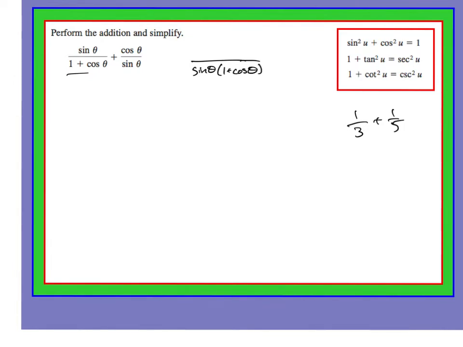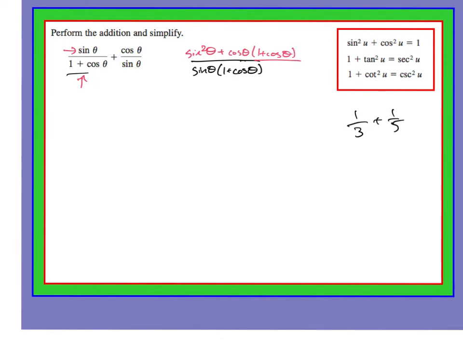And what does the left fraction need to be multiplied by? Sine theta. So I multiply sine theta times sine theta, which is sine squared theta. And then cosine theta needs to be multiplied by 1 plus cosine theta.